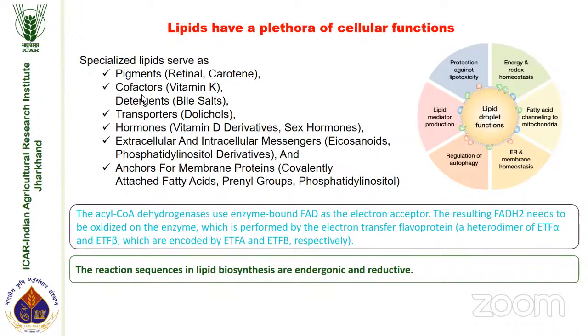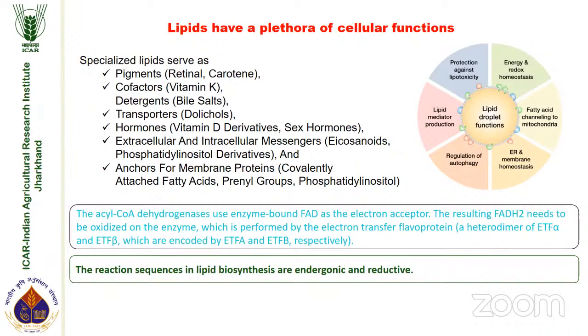You have carotenes, various vitamins working as cofactors like vitamin K, and various detergents very essential for the digestion process. You have various very specific transporters anchored to the plasma membranes, and those also have a lipid moiety, dolichols being an example.